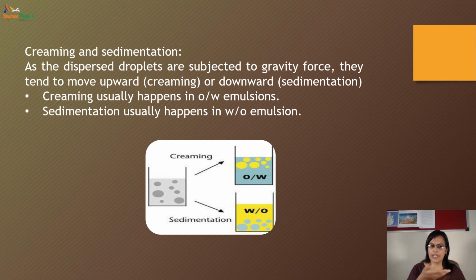Creaming is movement of droplets upwards and sedimentation is movement of droplets downwards. Creaming usually happens in oil in water emulsions and sedimentation usually happens in water in oil type of emulsion.